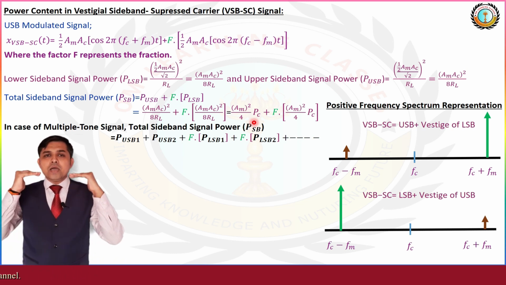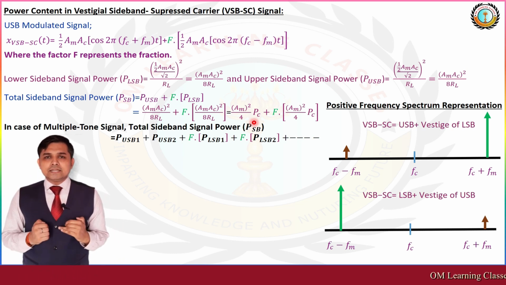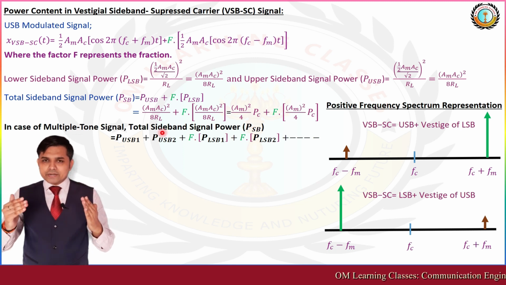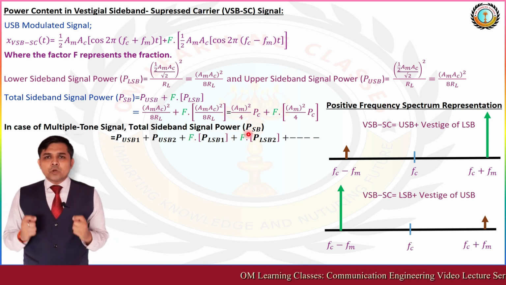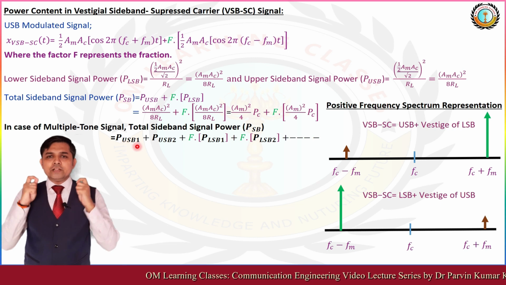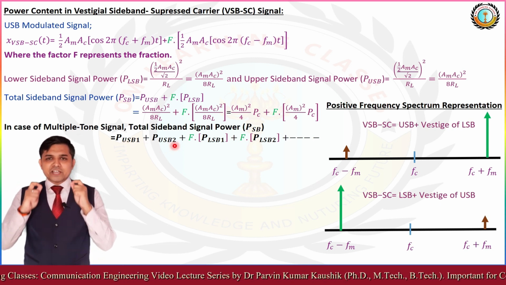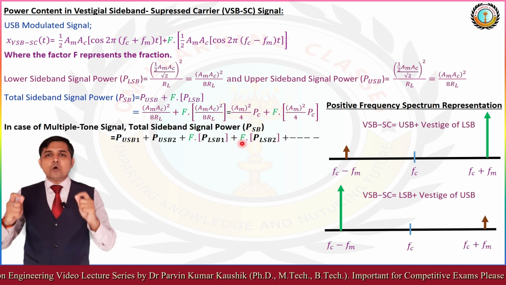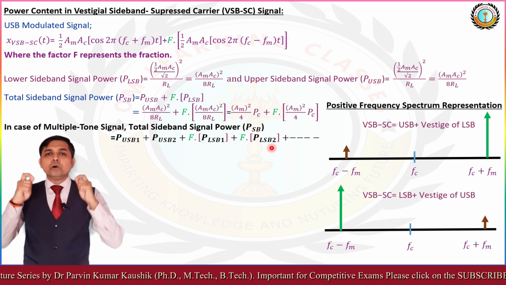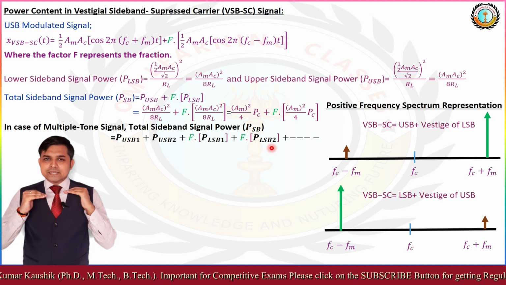If we have a multi-tone signal, then the total sideband power is equivalent to the sum of all the upper sideband powers and the fraction of the sum of all the lower sideband powers.